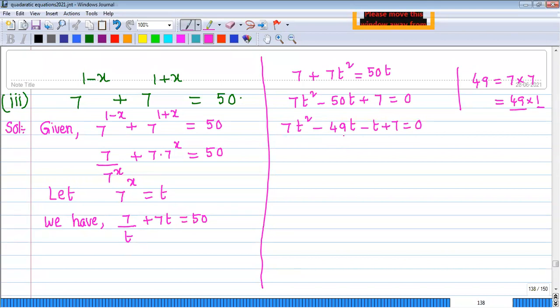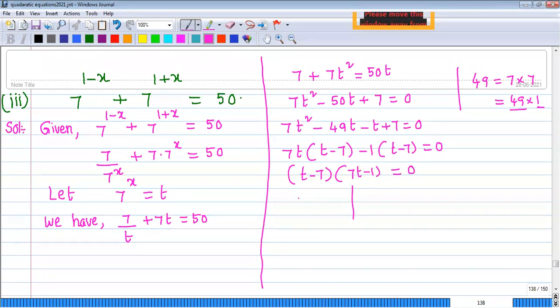From the first two terms, let us take 7t common. We have t minus 7, and minus 1 common, t minus 7 equals 0. So t minus 7 into 7t minus 1 equals 0.